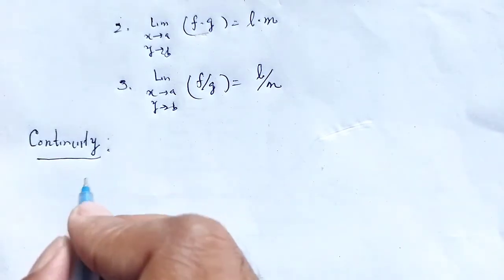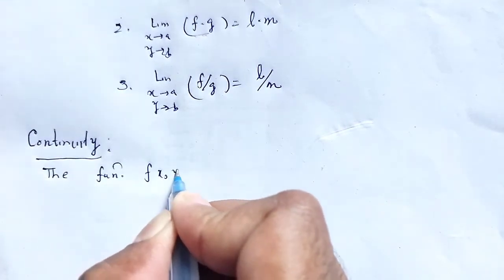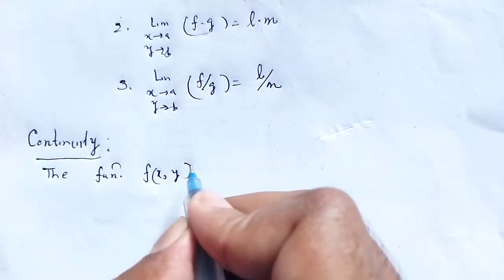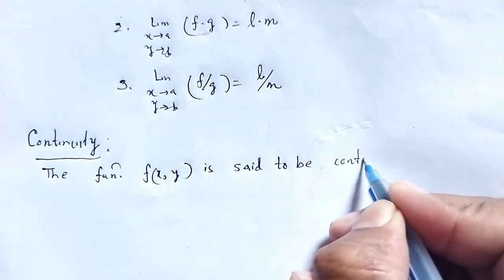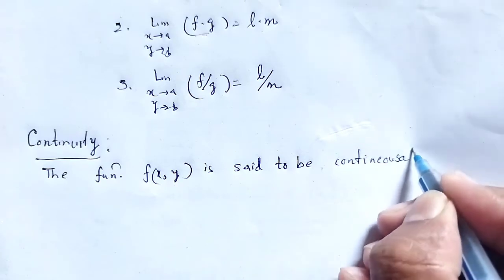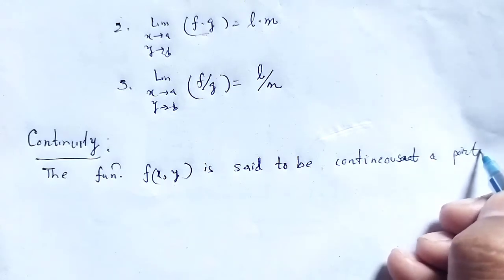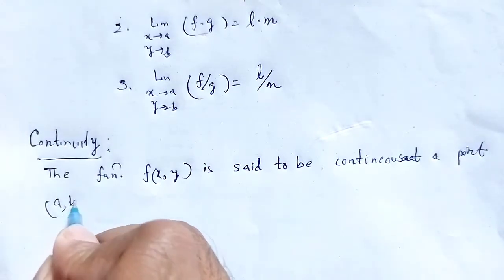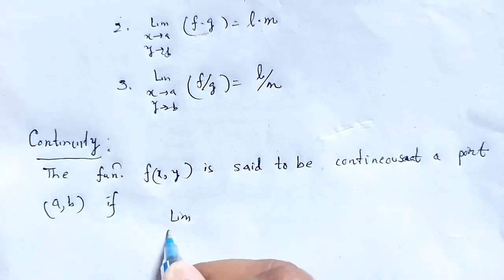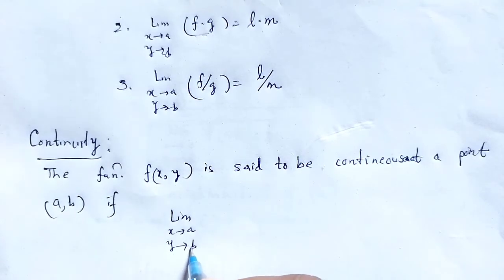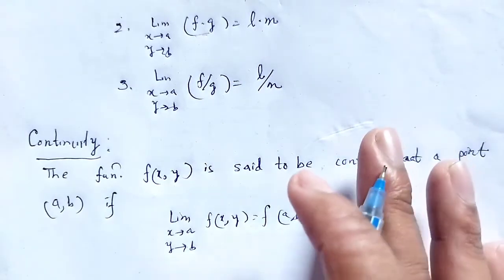The function f of (x, y), that is a two variable function, is said to be continuous at a point given as (a, b) if limit x tends to a, y tends to b, f of (x, y) is equal to f of (a, b).